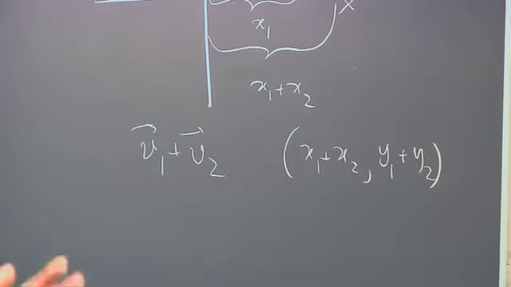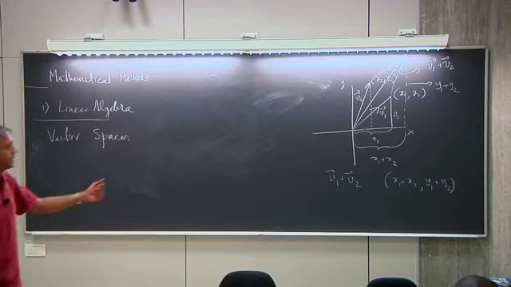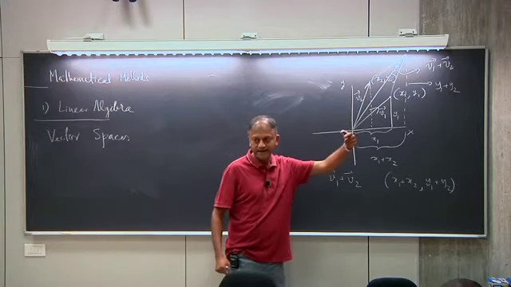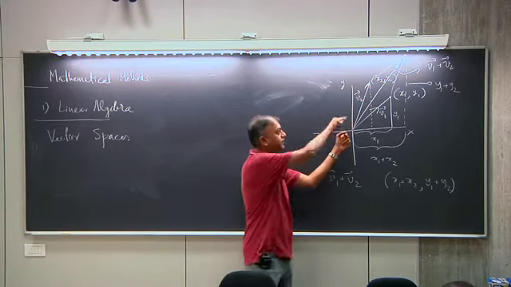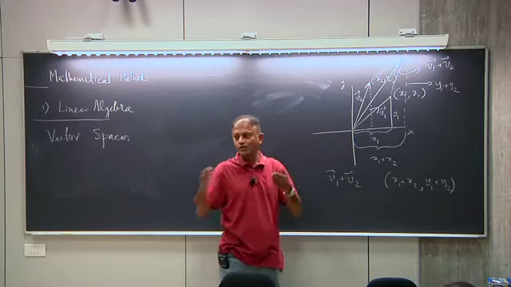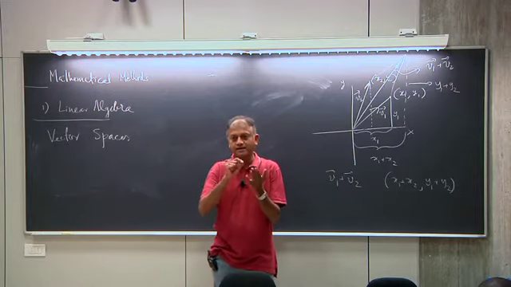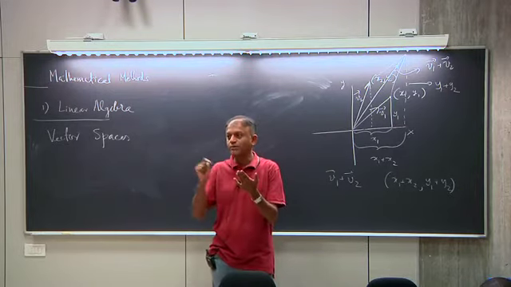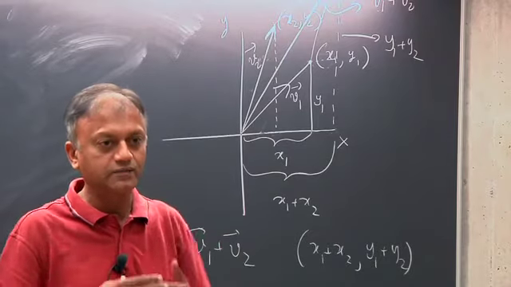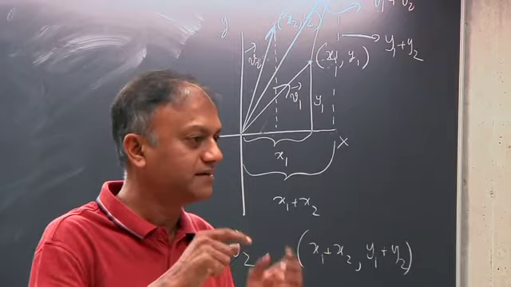You can, of course, generalize immediately to any dimensions. For example, in three dimension, you will have one more axis, say z axis, right? And every vector you can define by finding its projections on the x, y, and z axis. So, then a vector will be specified by specifying the three coordinates x1, y1, z1, and so on. And then when you add the two vectors, it will be again adding up the components.